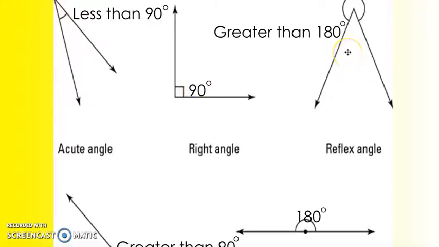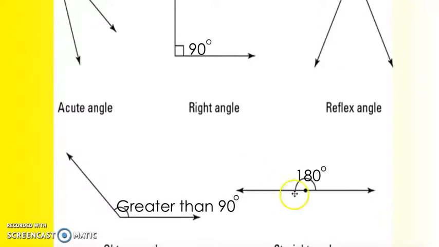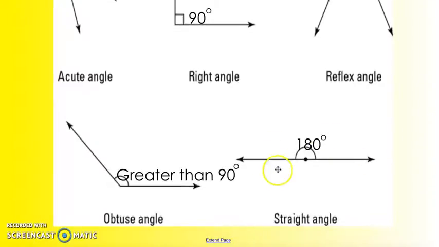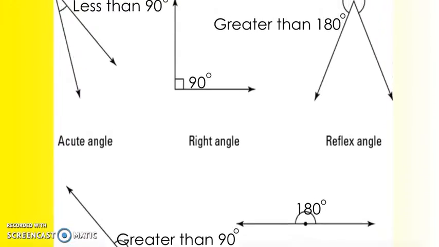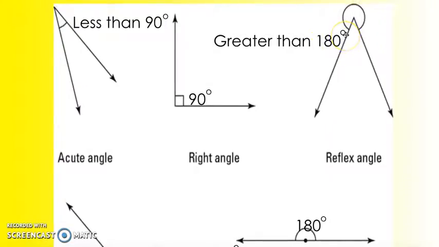Here's a straight angle, and that's 180 degrees, and it's called a straight angle. But a reflex angle means that it's bent all the way around, past a straight angle, past 180 degrees, and that is called a reflex angle.